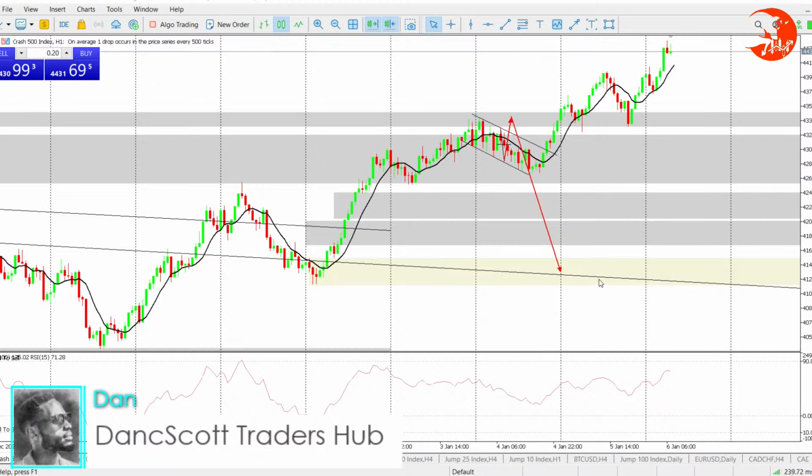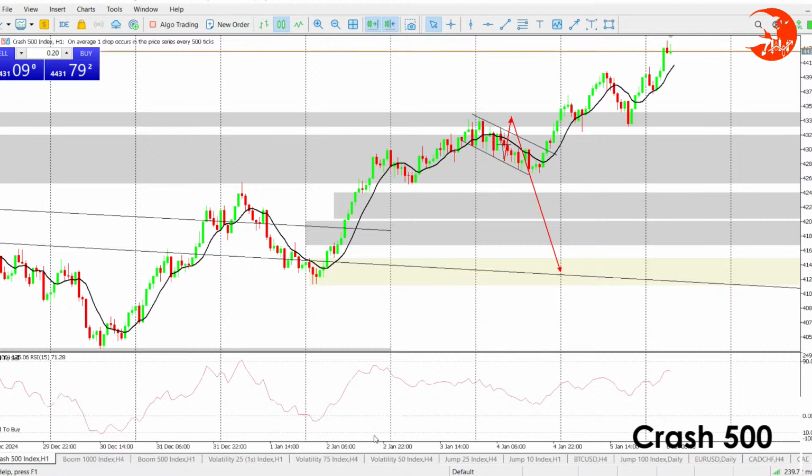So, as usual, we start with Crash 500. Let's get into Crash 500. The last time we saw Crash 500, we wanted it to reach there and then come later on into the sales.